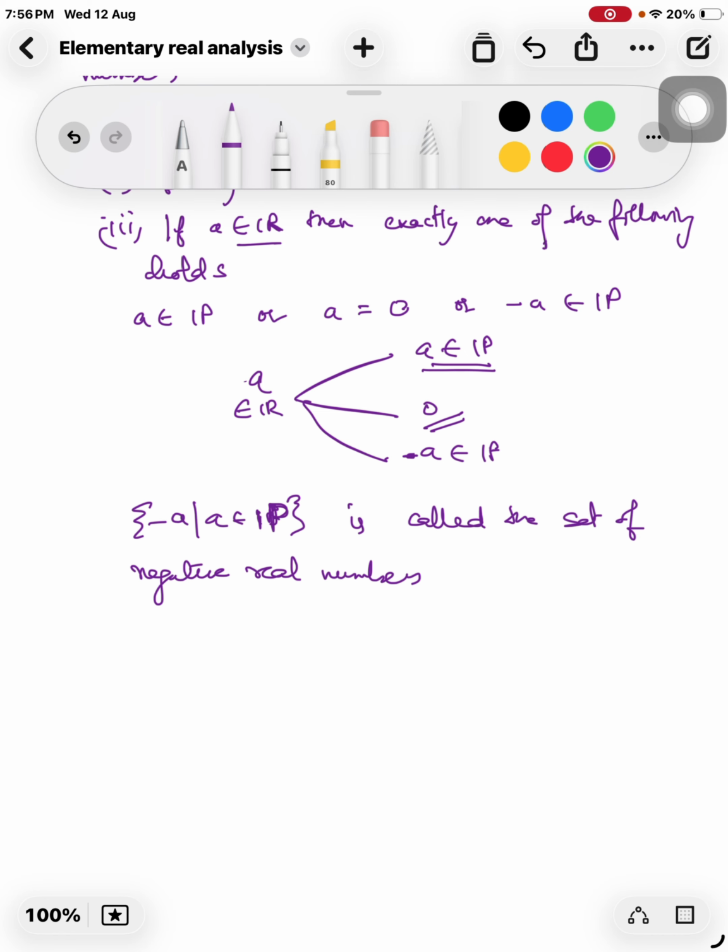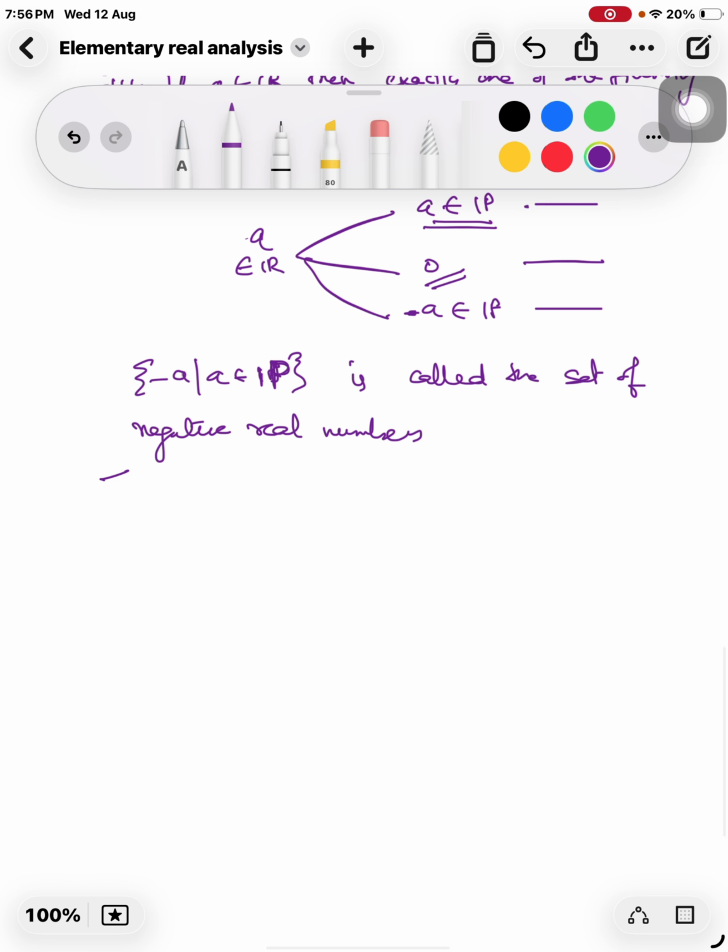So the real line has been divided in three parts: positive, 0, and negative real numbers. So that is why this law is called tri, for three parts. So this is called trichotomy, the law of trichotomy or trichotomy property.